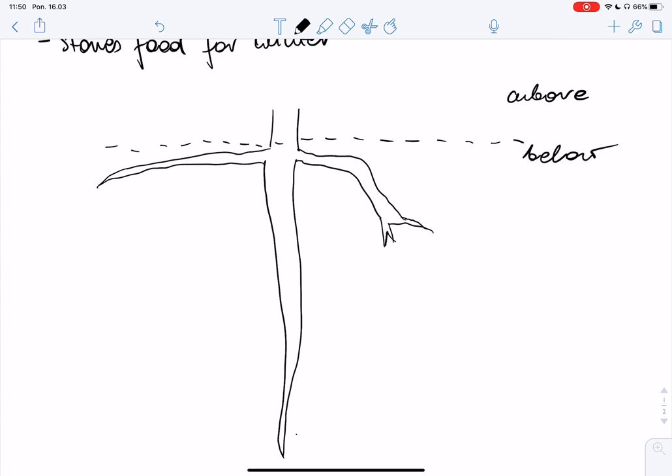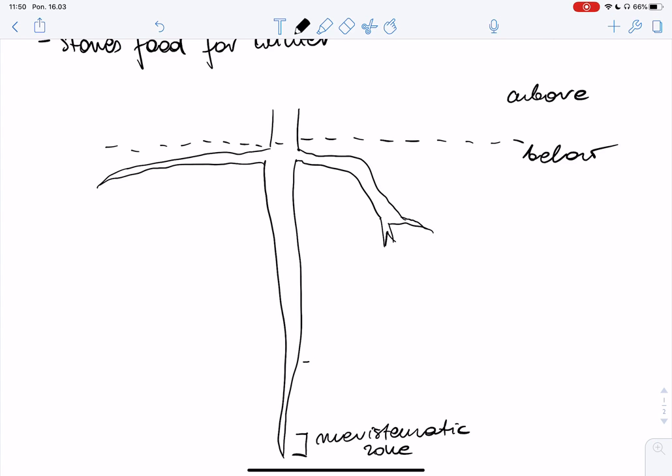And guys, the very tip at the bottom is called the meristematic zone, which means that cells here can divide. So there are more and more cells. So the root can grow longer and longer.